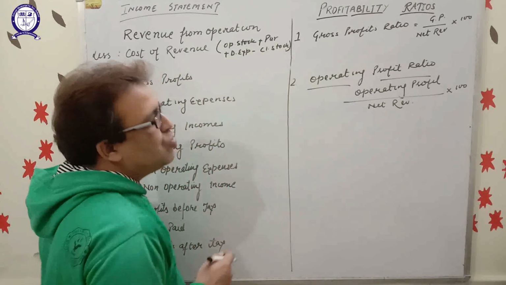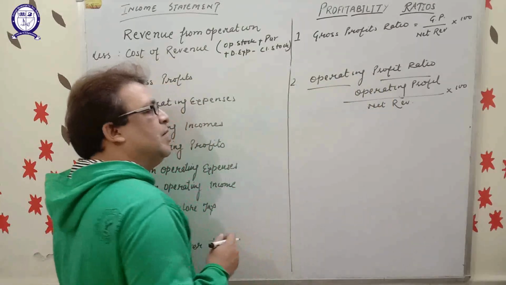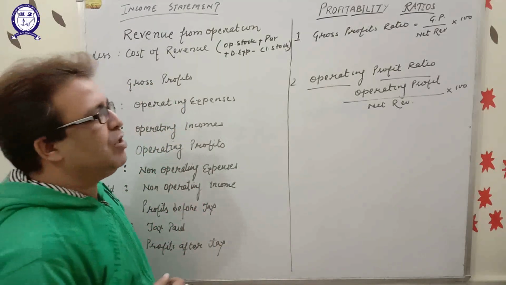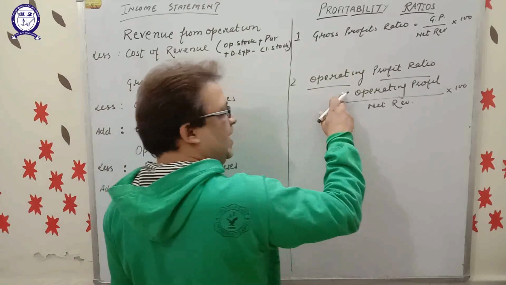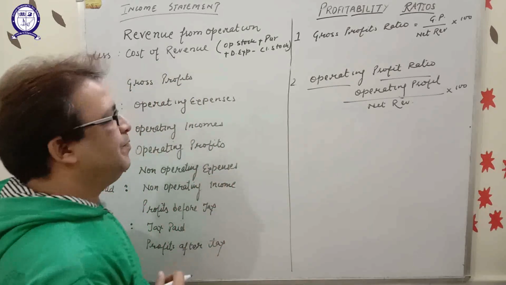Now, how to calculate operating profit? There are two methods for the calculation of operating profit. Number one, direct method. Number two, indirect method.